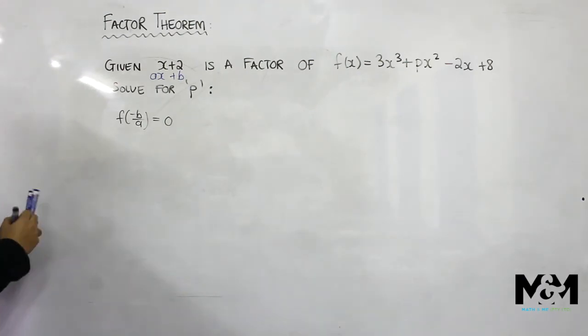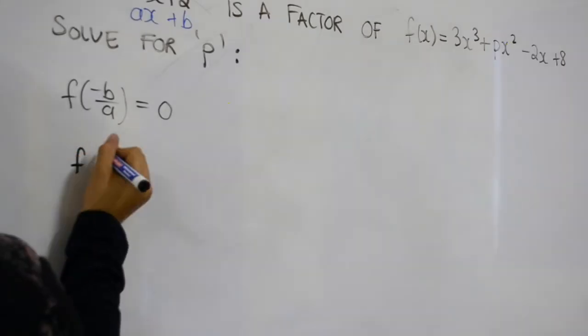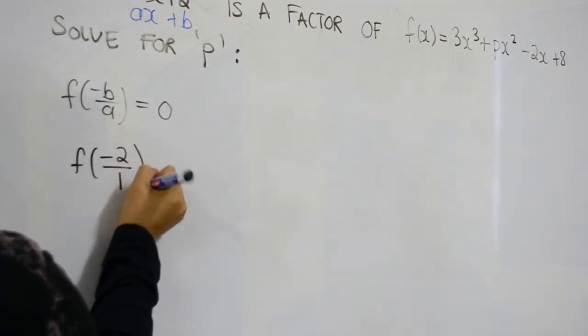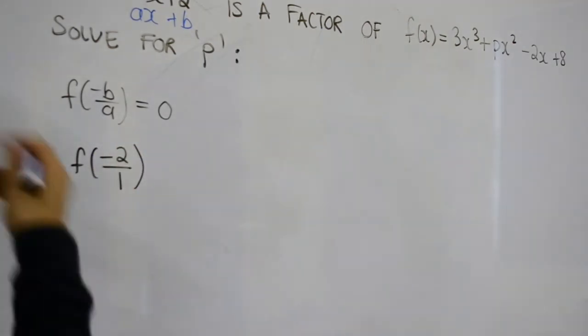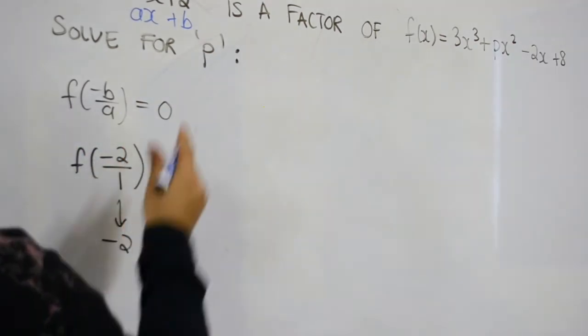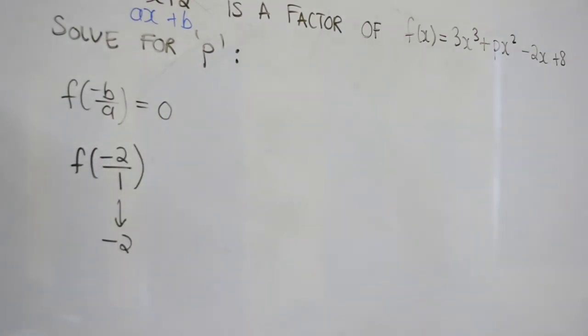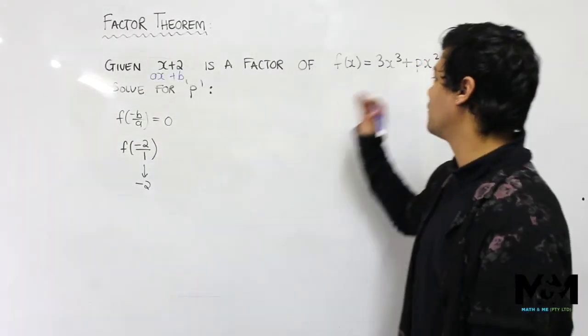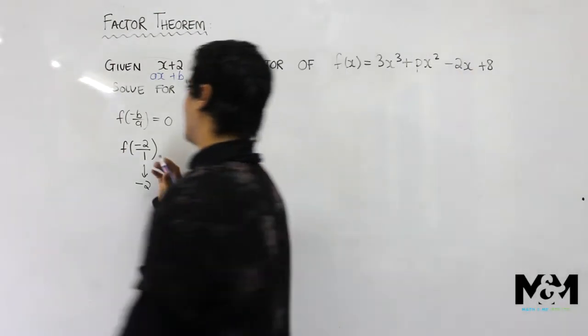So f of negative b, which would be negative 2, over a, which is 1. So just negative 2. So I know when I substitute in negative 2 into f of x, I should get an answer of 0, which now means that I can create an equation to solve for my p-value. Okay, so let's do that.